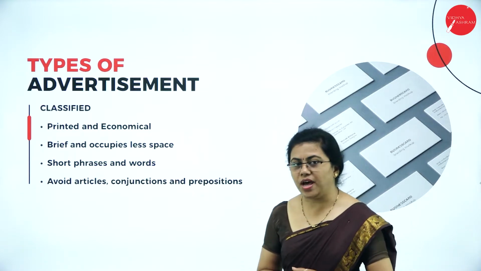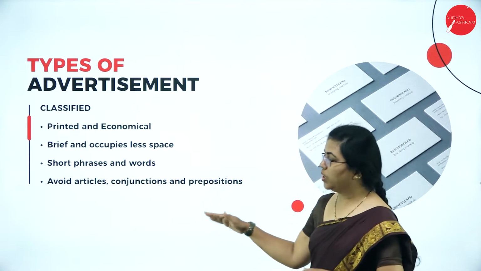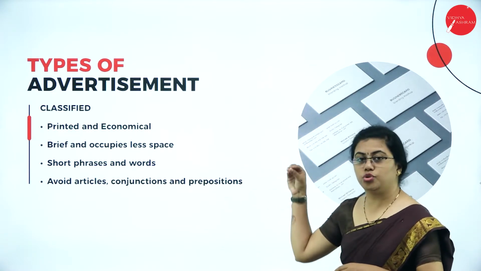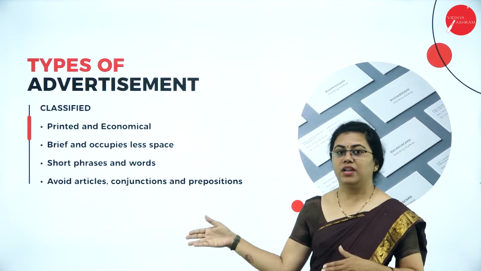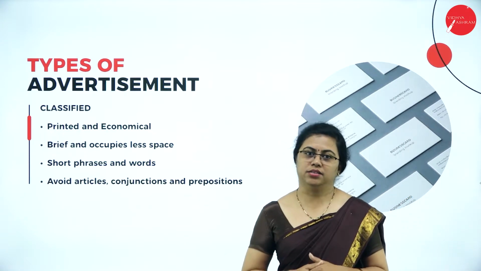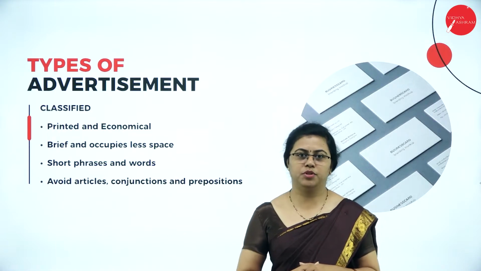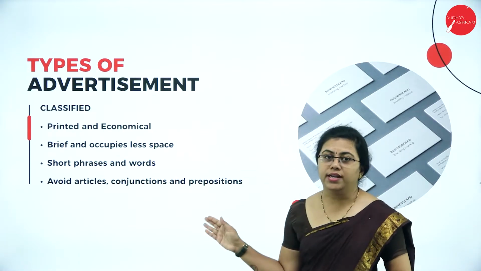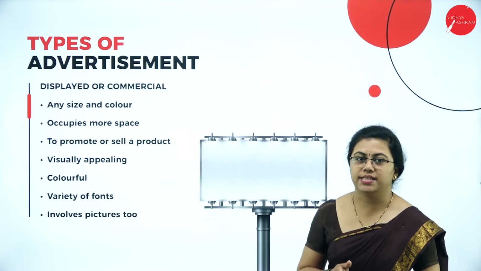So as far as possible, it is okay even if you cannot avoid, that is fine, you can write it. It is not that you should not write it at all. Wherever possible, you can avoid the articles, conjunctions and prepositions is what I mean to say. So this is one type of advertisement, that is classified.